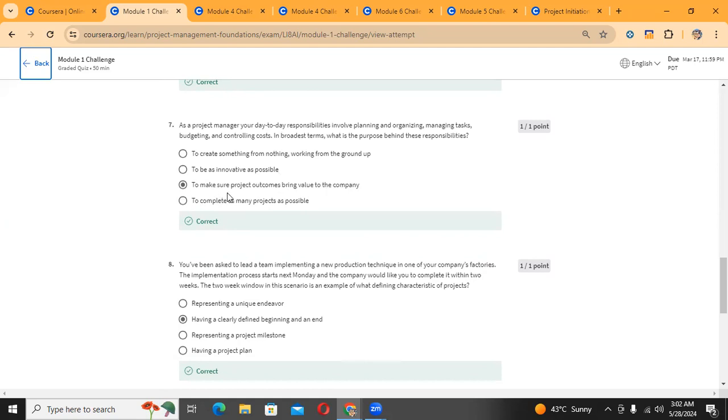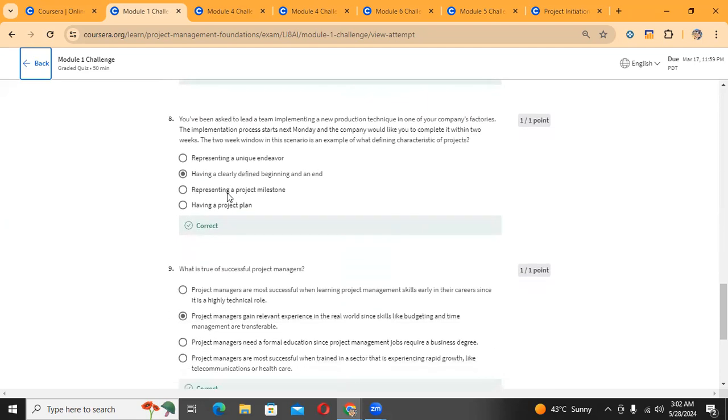So the third is the right option. And in the eighth question, projects have distinct characteristics such as clearly defined start and end dates, for example, completing a task within a week fits the definition.